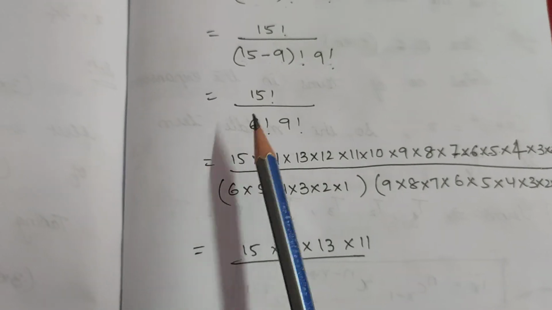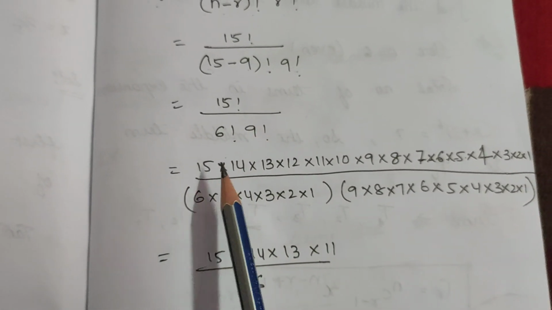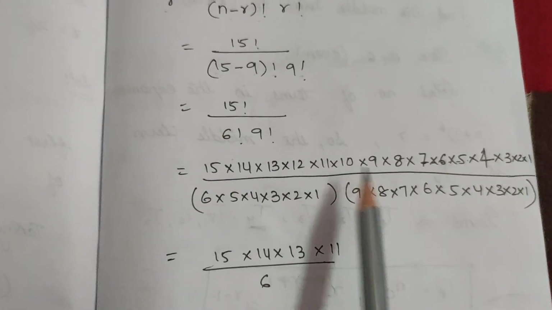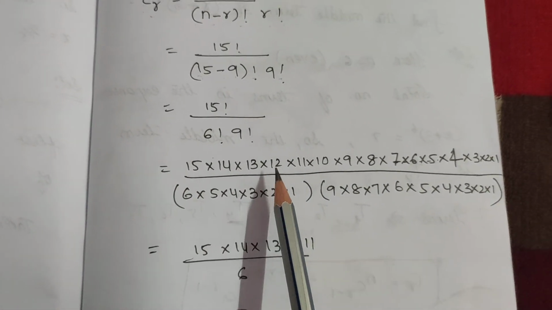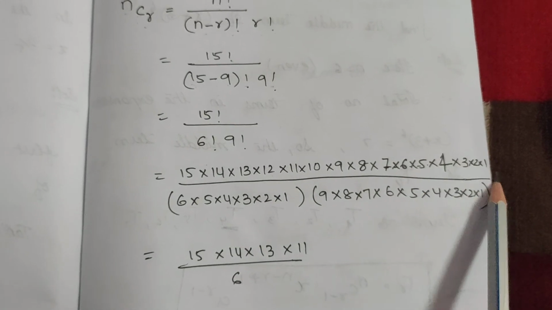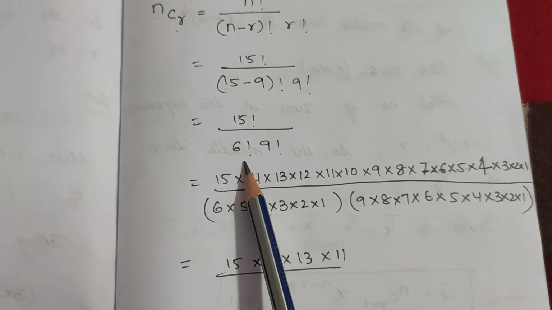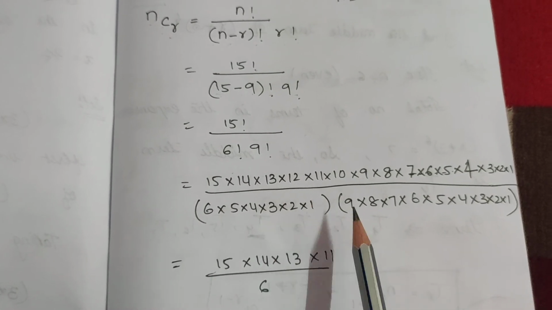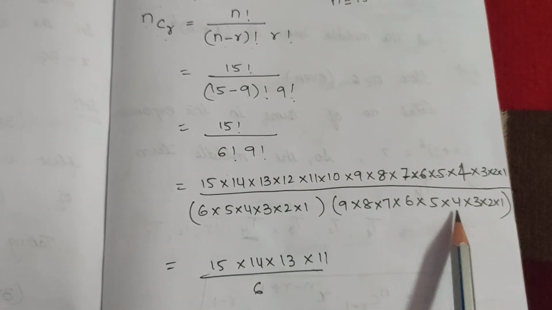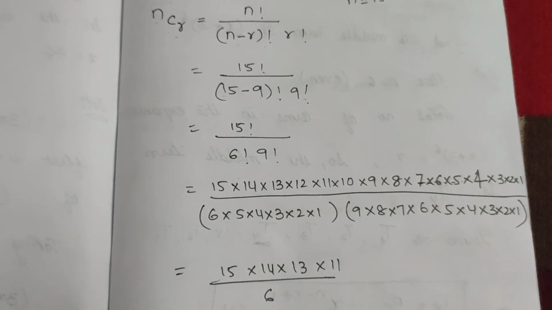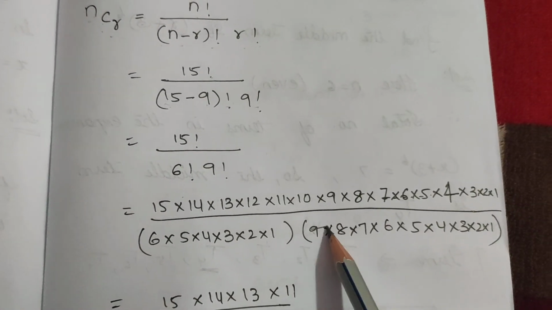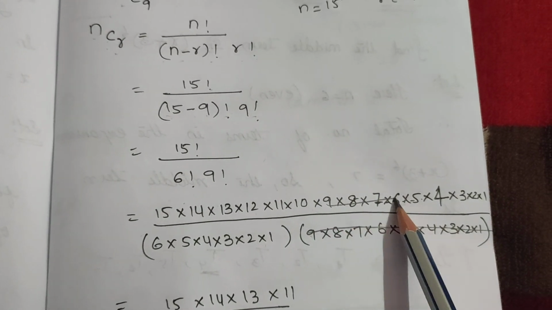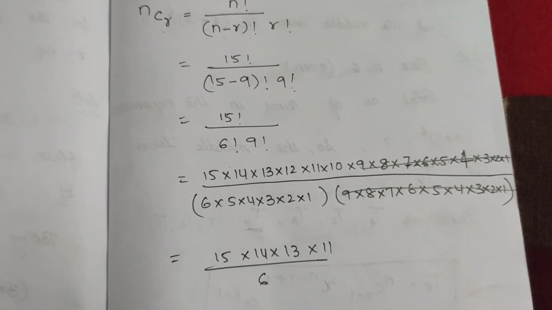Factorial is nothing but 15 into 14 into 13, in the reverse order we have to multiply 15 into 14 into 13, 12, 11, and so on up to 1. Next, 6 factorial is 6 into 5 into 4 into 3 into 2 into 1. 9 factorial is 9 into 8. So from here this 9 into 8 into 7 gets cancelled, and above also 9 into 8 into 7 gets cancelled.